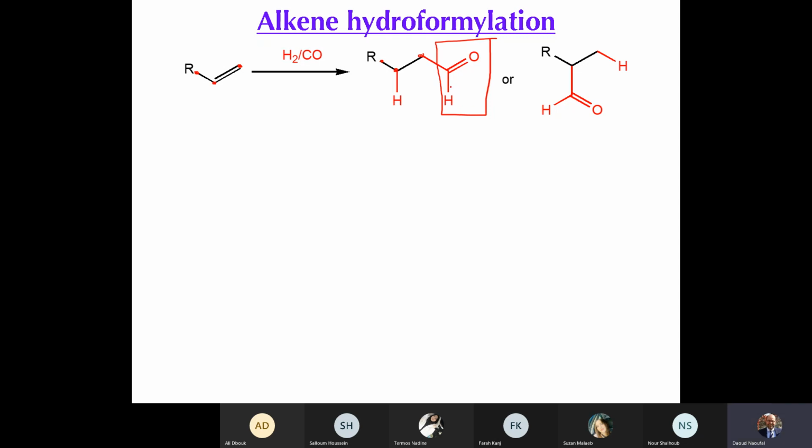This fragment can be added on carbon 3. This is the linear one, or it can be added on carbon 2. This is the branched one. So this is linear and this is branched. So we obtain two products. One of the products is major, the second is minor.